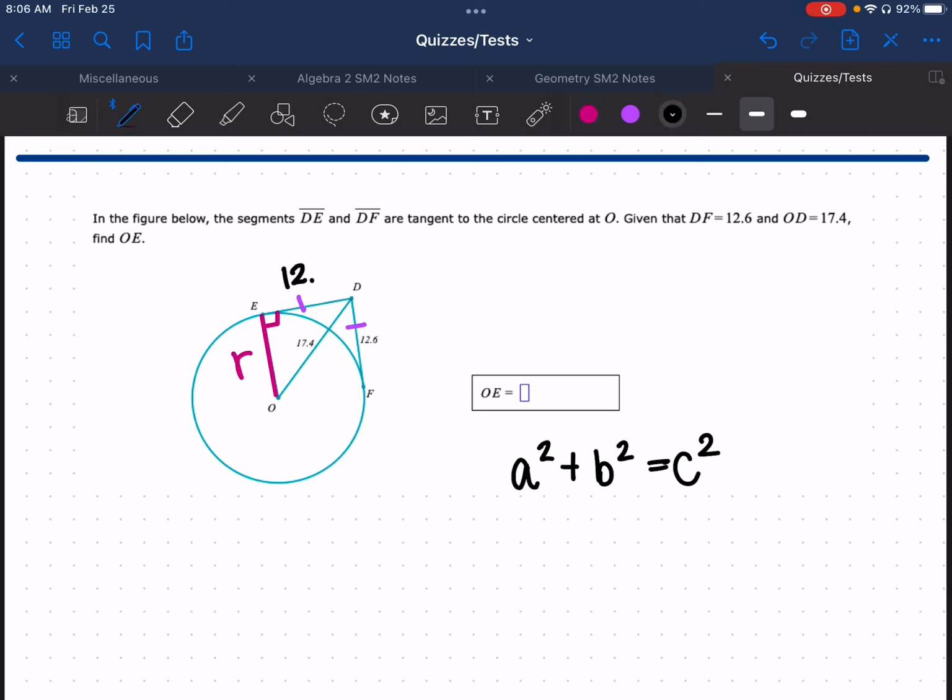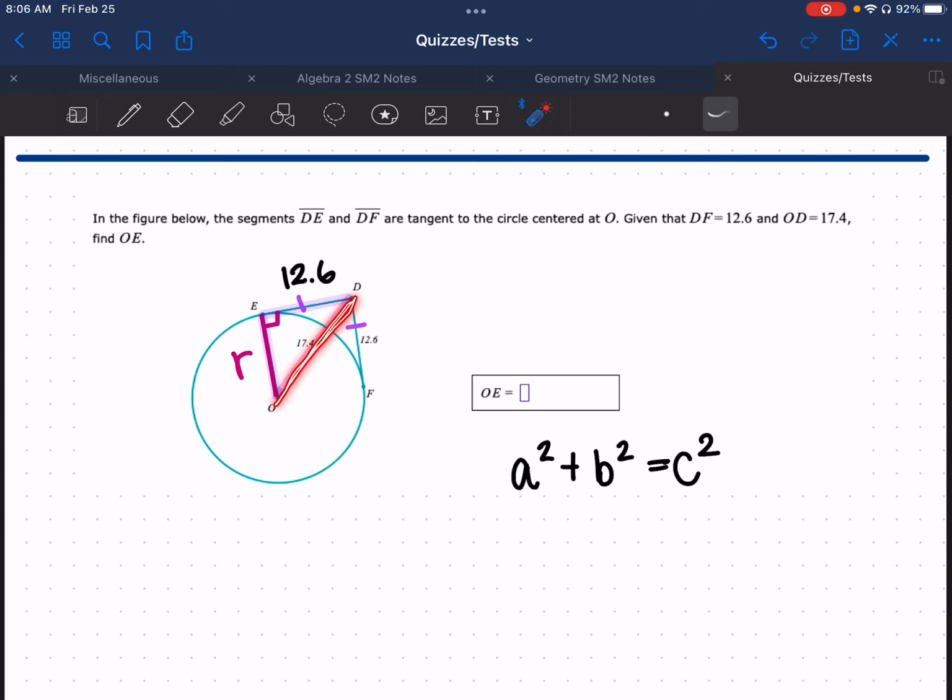I'm going to bring the 12.6 over here, and I'm going to use the Pythagorean theorem with this triangle right here, which is a right triangle, and that's why I can use the Pythagorean theorem. The thing that I have to be the most careful of is which one is C, and C is going to be 17.4 right here.